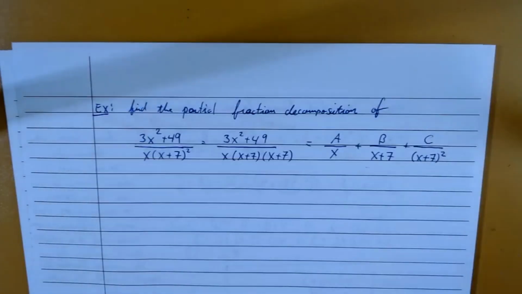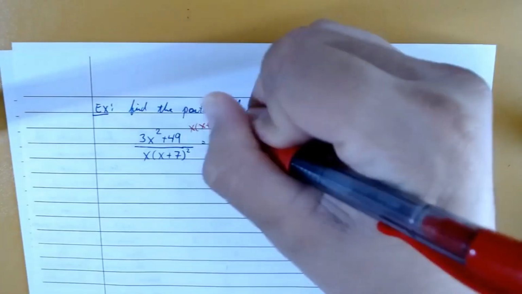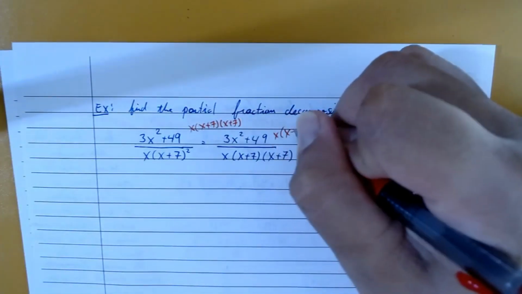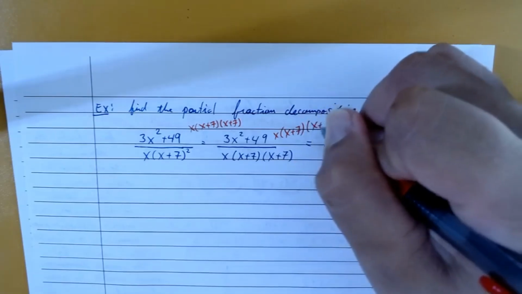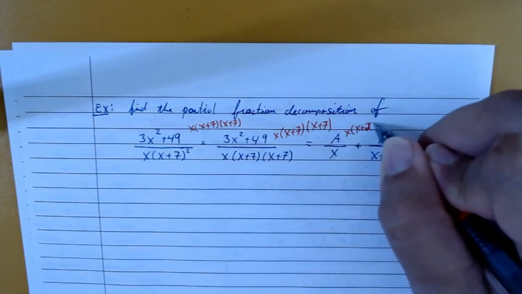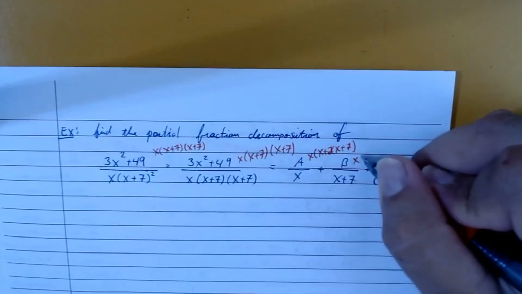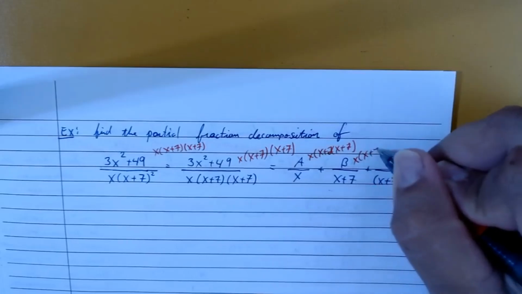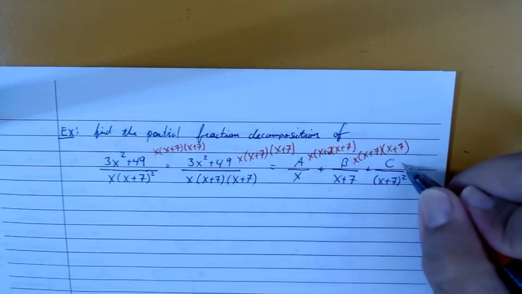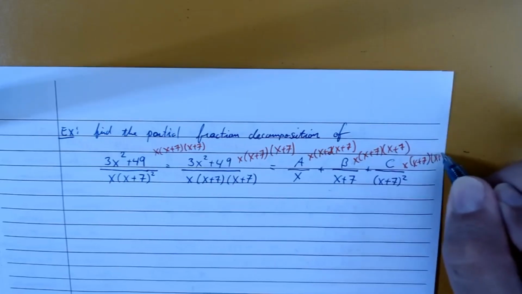So here I'm going to multiply across by x times (x plus 7) times (x plus 7) for each term. I wish my problems weren't so big, but we'll get through them eventually.